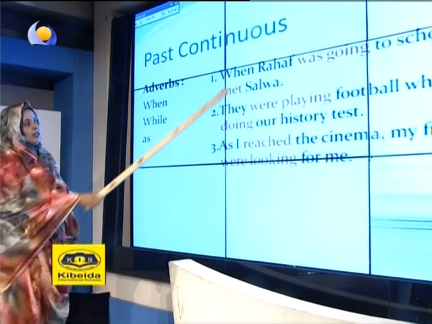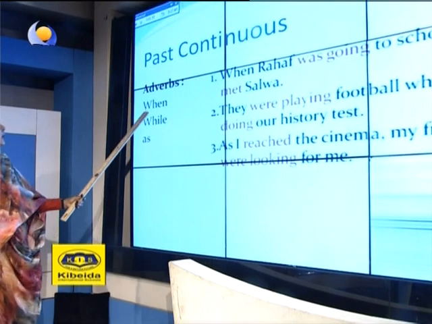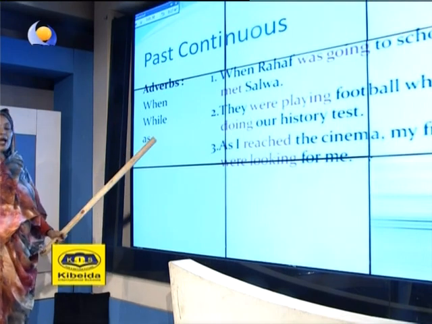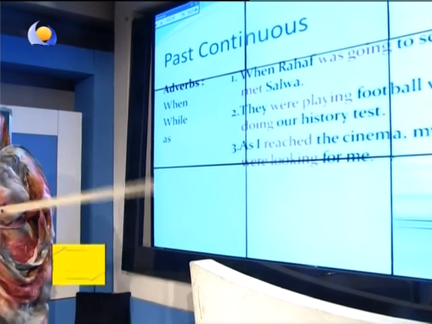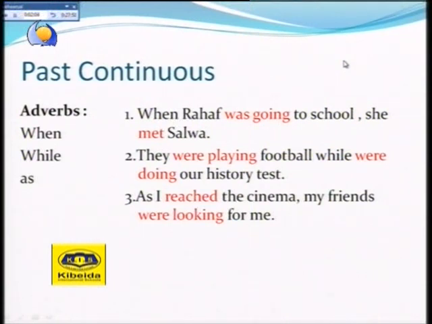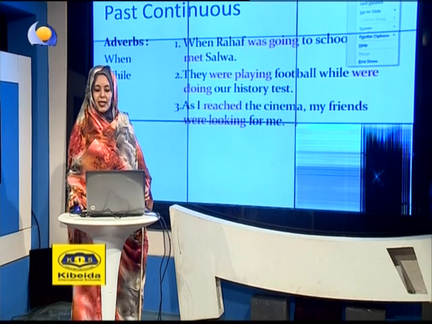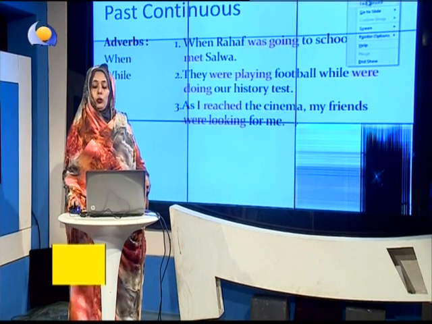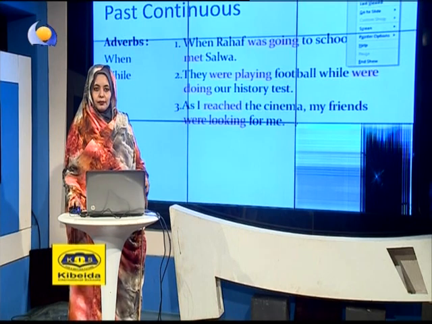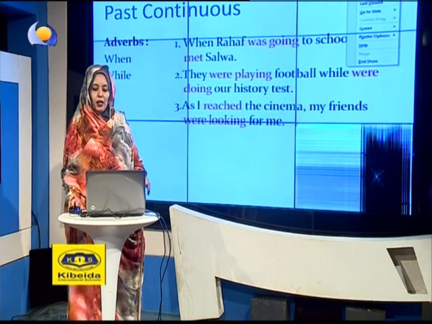If you notice in these sentences, we have words like when, while, or as that join the two parts of the sentence together, and this can be used as a tool or a guide to help you that in this sentence, most probably you will need to use past continuous. I hope it's clear.